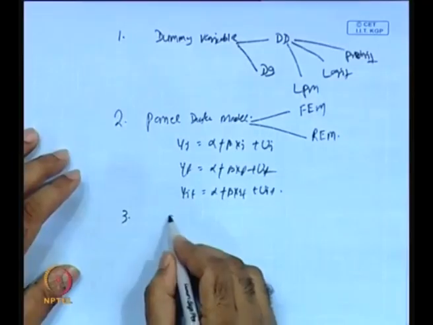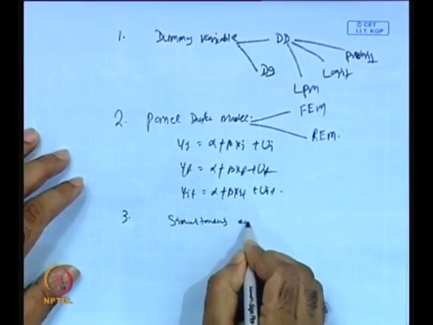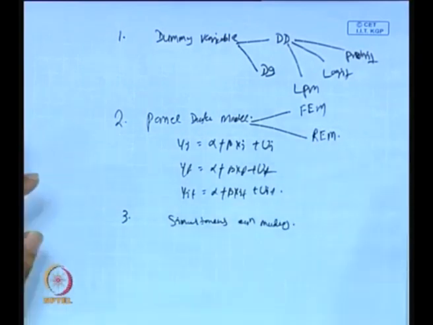Then we have discussed simultaneous equation modeling, where we have discussed the identification problem, that is, whether the model is a simultaneous equation model, meaning variables are interdependent in nature.